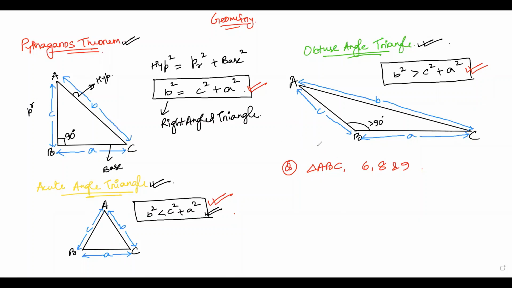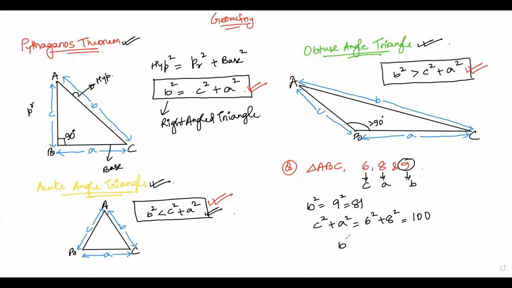Here, 9 is the greatest side, so let us assume this is B, this is A, and this is C. In that case, b square would be equal to 9 square, which is 81, and c square plus a square would be 6 square plus 8 square, which is 36 plus 64, that is 100.